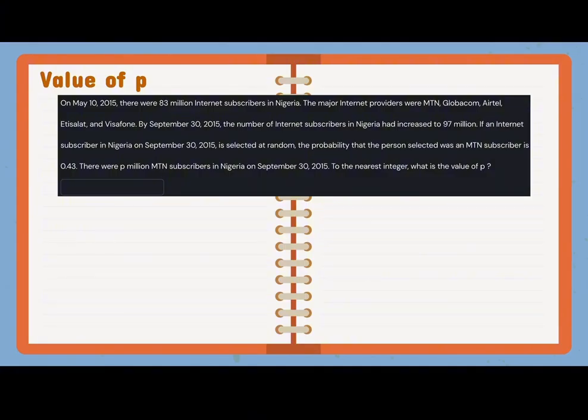If an internet subscriber in Nigeria is selected at random, the probability that the person selected was an MTN subscriber is 0.43. There were p million MTN subscribers in Nigeria, and to the nearest integer, what is the value of p? So again, these are nearest integers, so we are just rounding to a whole number here.